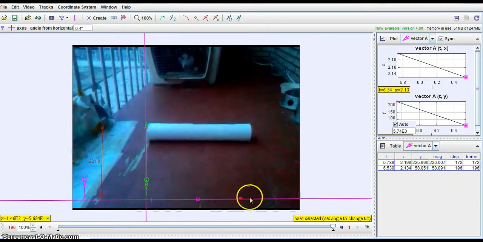Oh, they didn't change. So the values remain the same, all positive values, but the vectors change, where the value of x went descending and the value of y stayed the same in its decreasing force.